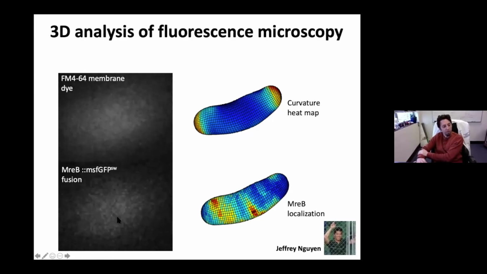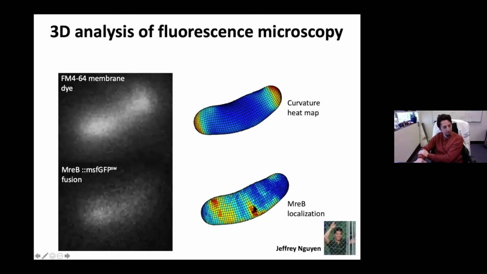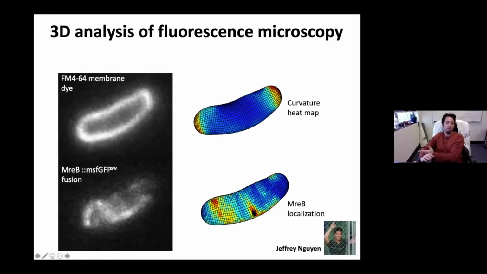So like if we wait till this comes back into focus, right over here, that would be like this area over here. So what we can do with that now is we have a better understanding of the curvatures of the cell and really where proteins localize inside of the cell instead of just looking at one plane.